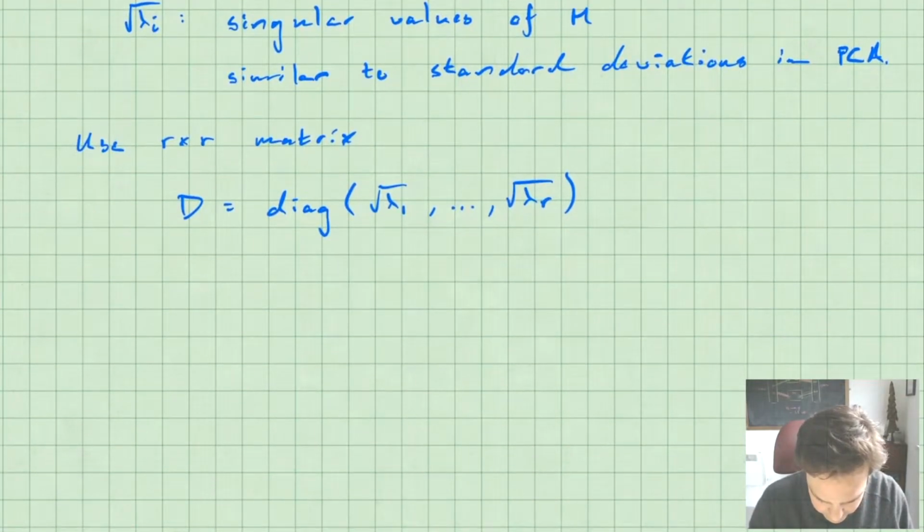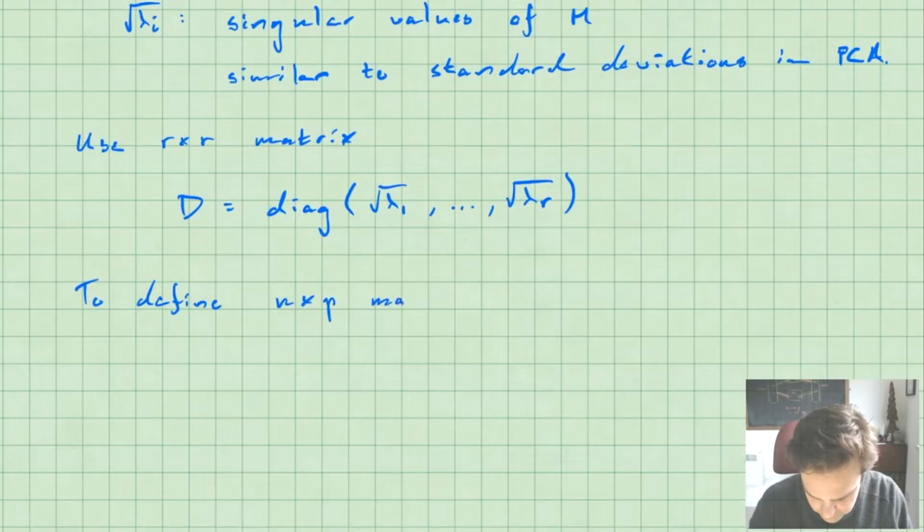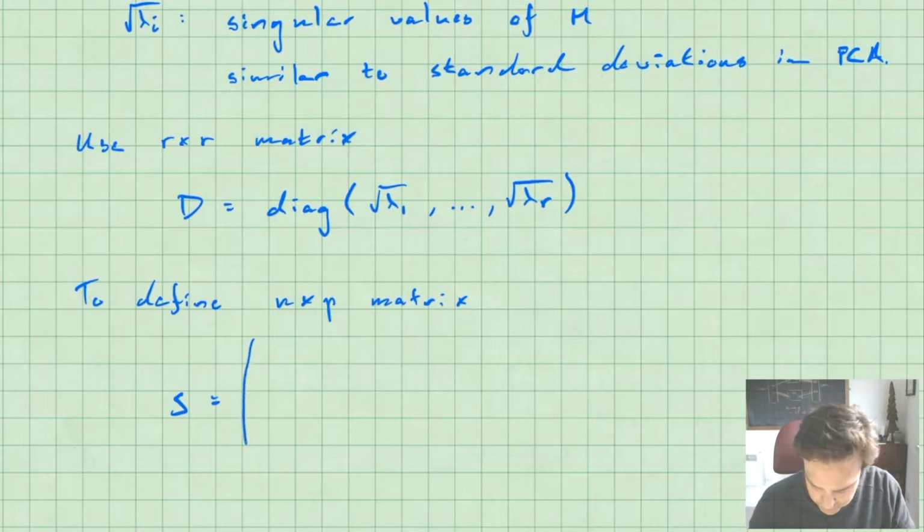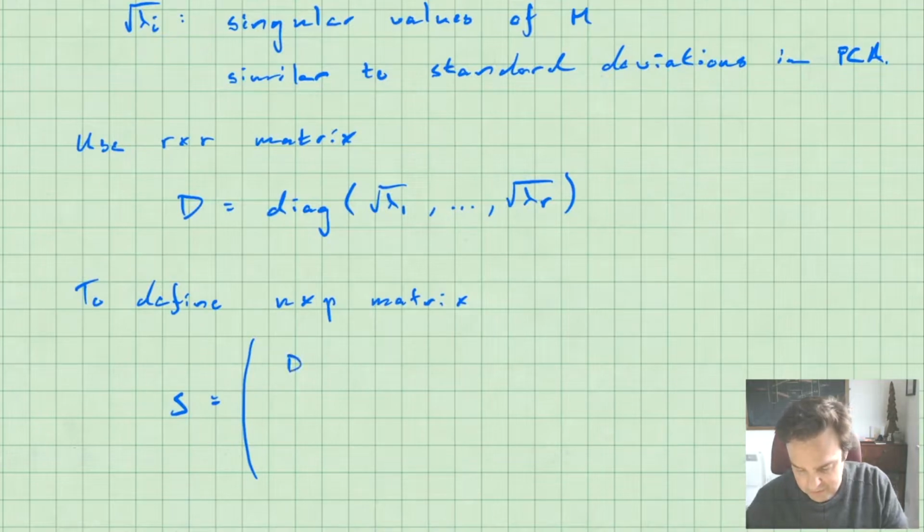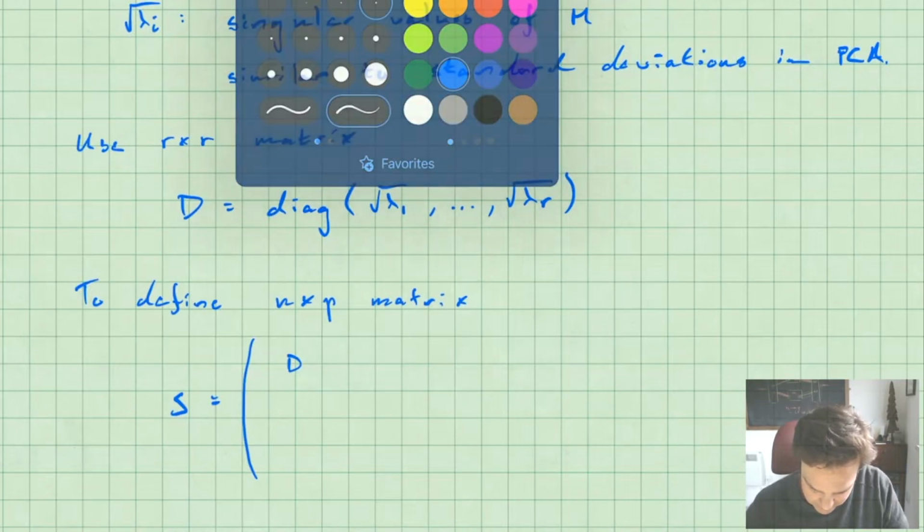We want to use that to define the matrix S, an n by p matrix. And so S is going to look like this. This will be a new way for us to write matrices. There's up in the corner the matrix D, filling up a space that is r by r, and then around it are zeros, which I'll write like this.